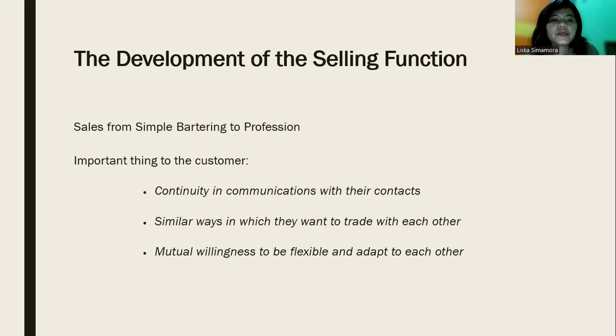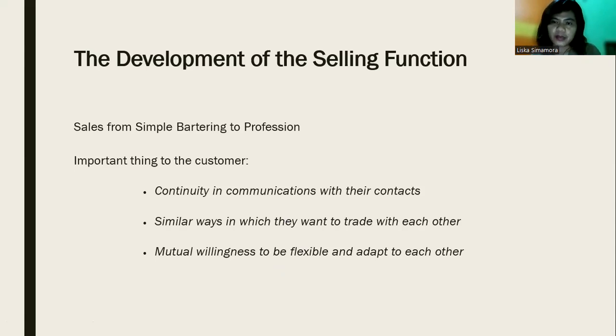And then similar ways in which they want to trade with each other. And then mutual willingness to be flexible and adapt to each other. So you have to be willing, flexible, and have adaptation skill with each other, because your customers, maybe they are from the same segmentation, but their personality is different.